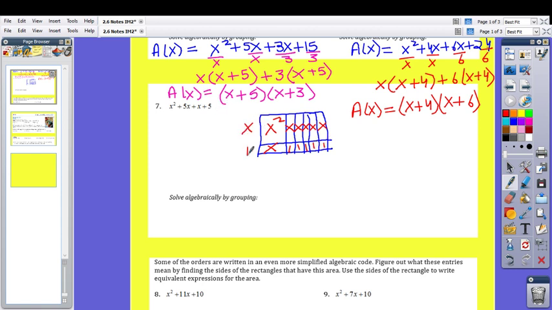So this is x and this is 1, this is x and this is 1. So this will become x plus 5 and x plus 1.